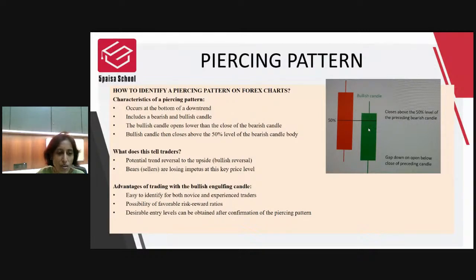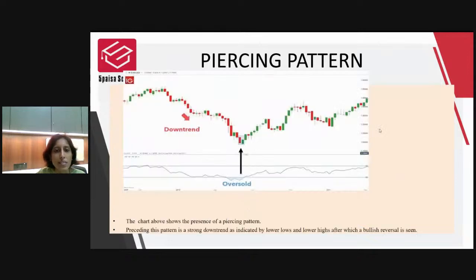The possibility of favorable risk-reward ratios is very much there the moment this kind of piercing pattern is witnessed, and desirable entry levels can be obtained after confirmation of the piercing pattern. So if you get to see this kind of pattern, for sure, enter the market and make some money. Over here, you can see a piercing pattern chart.